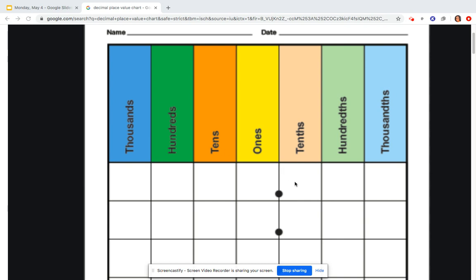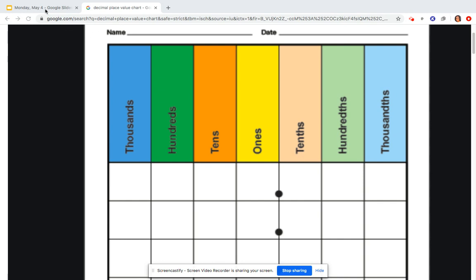Same concept on the right side. So after the tenths place, we have the hundredths. So just like over here, the farther you move to the left of the decimal, the bigger your words get. Right here, the farther you move away from the decimal to the right, the bigger your words get. Okay, so keep that in mind because that's going to help us to not only read the decimals, but also to correlate that into a fraction and look at it as a model.